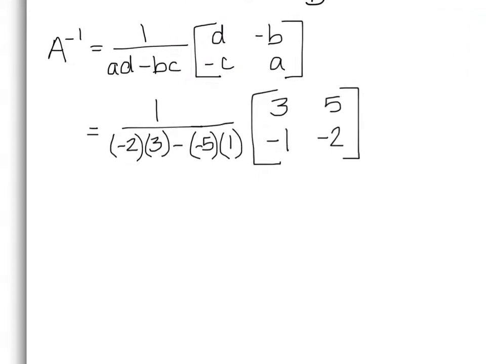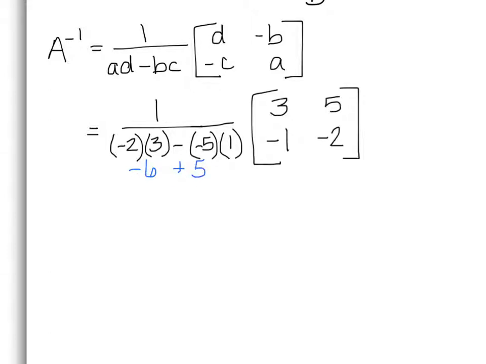Let's just keep going down the line. What is negative 2 times 3? Negative 6. What do we get out of negative 5 times 1? Positive 5. Okay, so what do we get on the bottom?